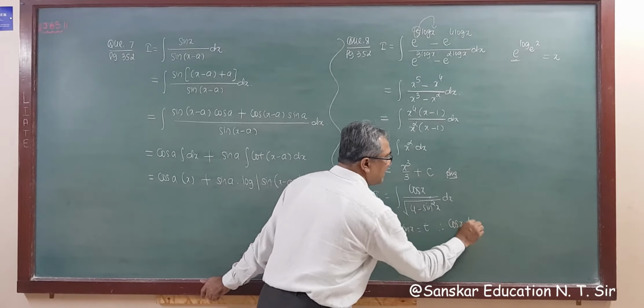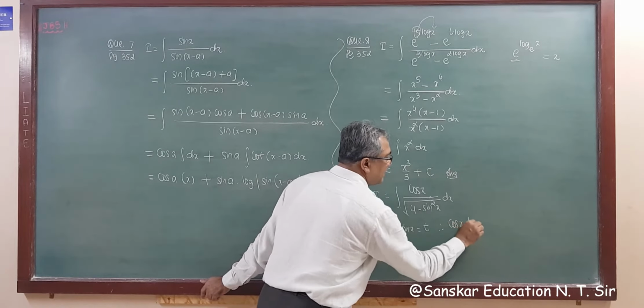So I is equal to the integral of dt upon under root 4 minus t square, and this is the formula for sine inverse. So the answer is sine inverse t by 2 plus c. And what is t? t is sin x. So the answer will be sine inverse of sin x by 2 plus c.